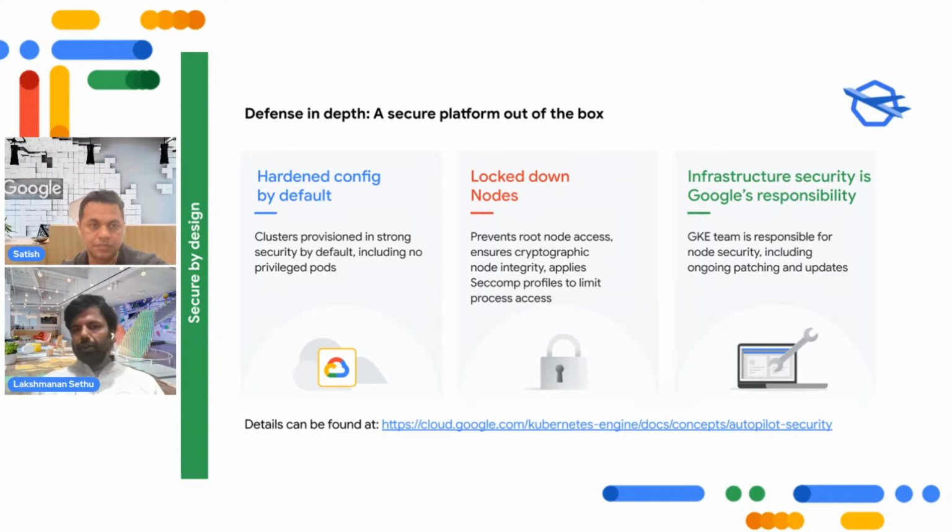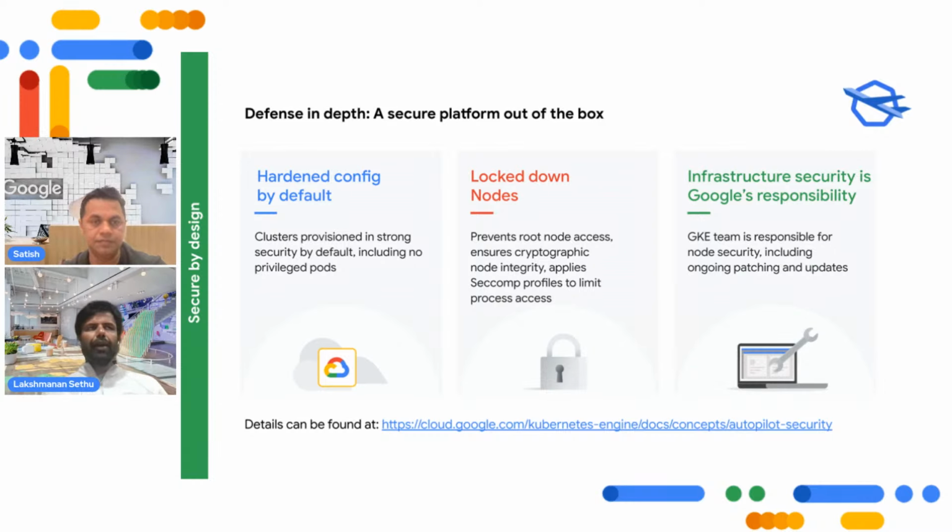For example, Autopilot has pod security standards, which are privileged, baseline, and restricted. Baseline is given as the default. So Autopilot gives you the Kubernetes pod security standard of baseline as a default option. If it is baseline, what does it do? Autopilot goes to the OS level now, so host processes will be blocked.